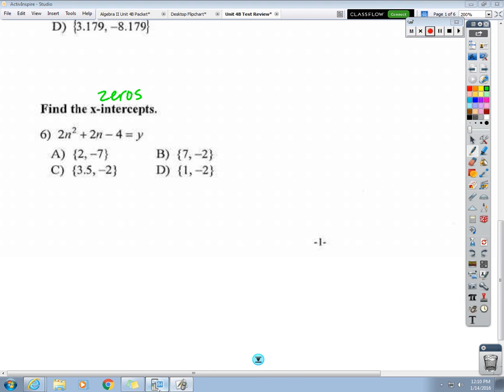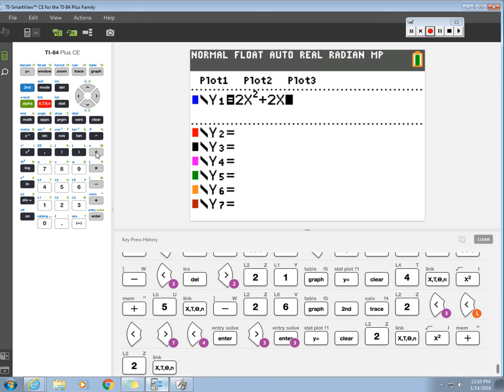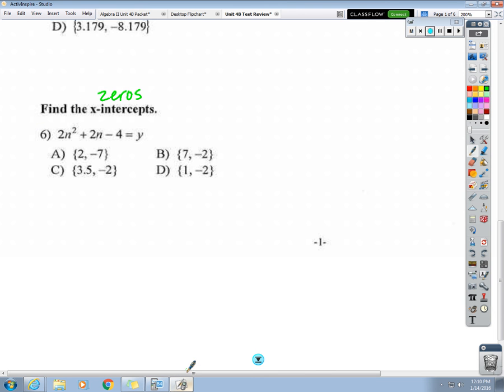So 2x squared plus 2x, what was it at the end, minus 4? Okay, it has how many zeros or x-intercepts, and where are they located? Negative 2, positive 1, which matches up with which choice? D. Okay, so those two problems are fairly easy.